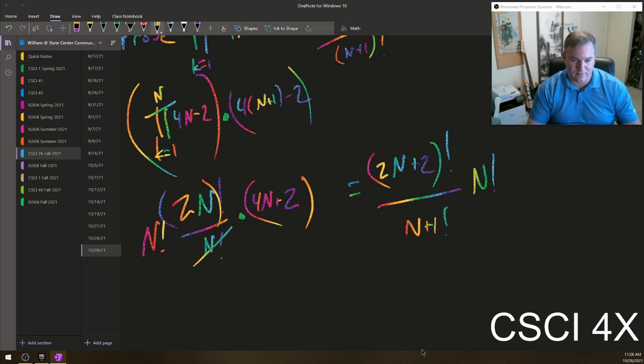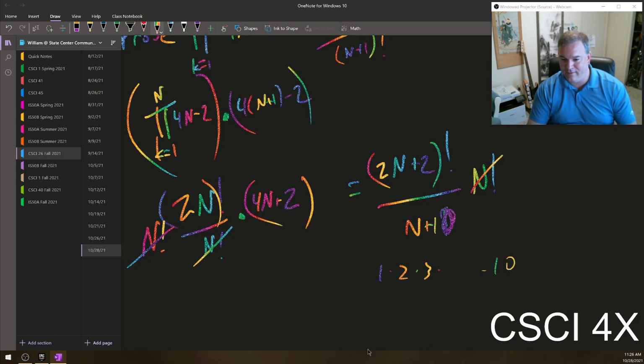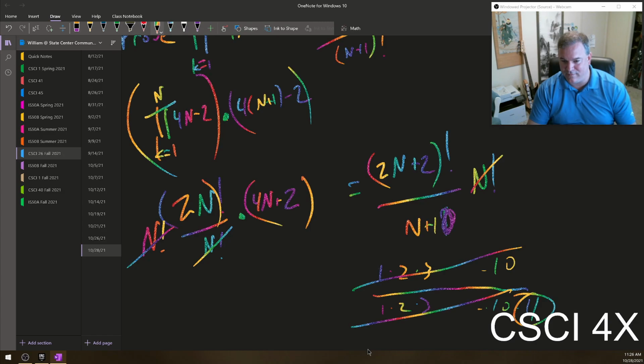This will cancel out, and this will cancel out that. So if you have 1 times 2 times 3 times ... times 10, divided by 1 times 2 times 3 dot dot dot times 10 times 11. That cancels out, that cancels out. You end up with just the n plus 1 on the bottom.